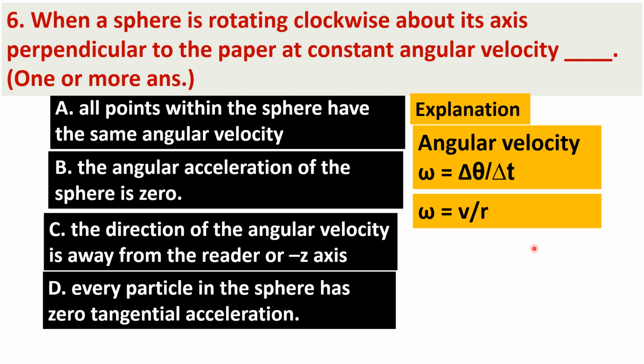But we isolate omega and get this equation instead: omega equals v over r. Which means that the angular velocity or speed is directly proportional to the linear velocity or speed if the radius is constant.